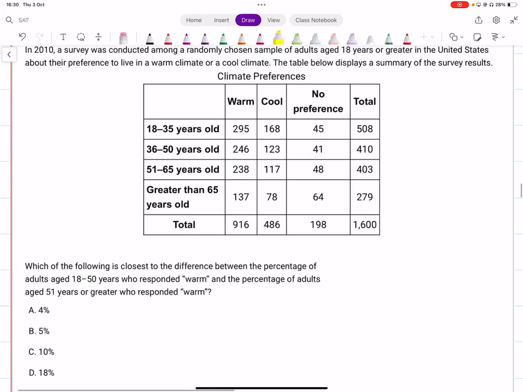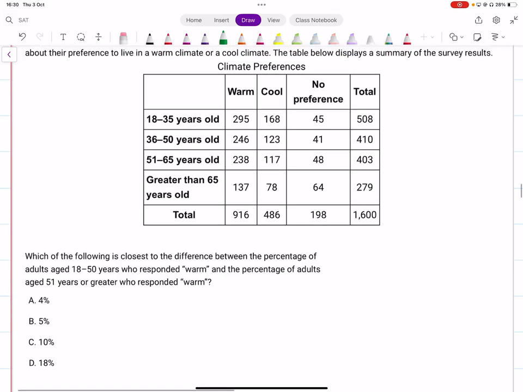Which of the following is closest to the difference between the percentage of adults aged 18 to 50 years who responded warm and the percentage of adults aged 51 years or greater who responded warm? 18 to 50, that's these two rows.